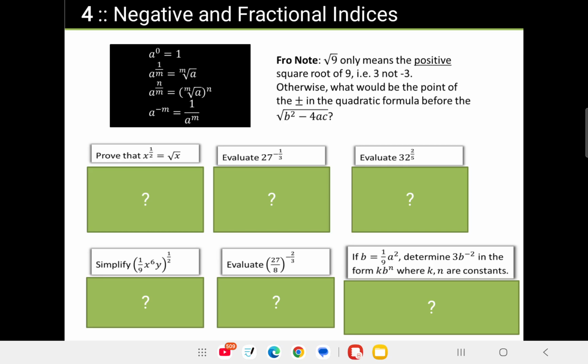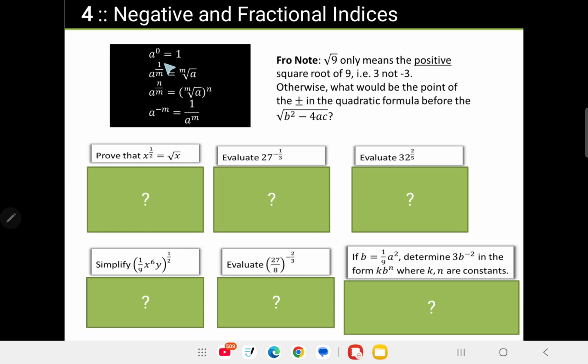Okay, the next section is negative and fractional indices. Again, we have some index rules to solve these negative and fractional indices. First, we should remember that any number with power 0 is always equal to 1.